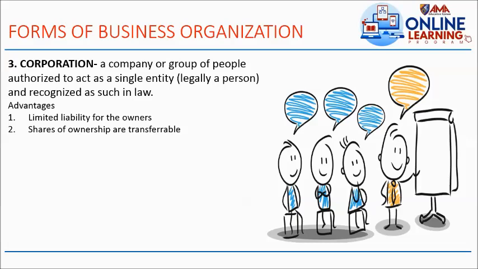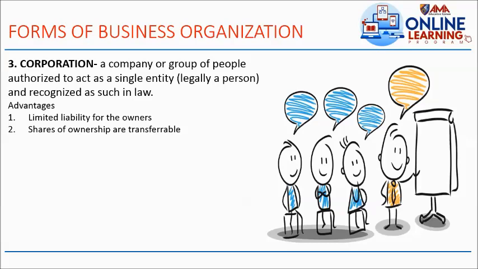Kahit mawala yung pinaka nagtayo, it will still continue because it is already considered as a single entity or legally a person. Okay? So, kaya ang advantage niya is limited liability for the owners.